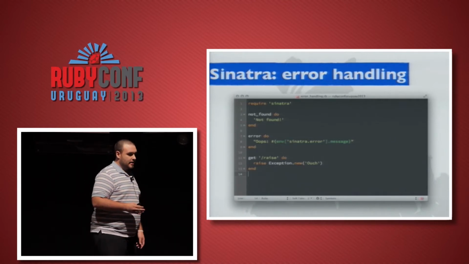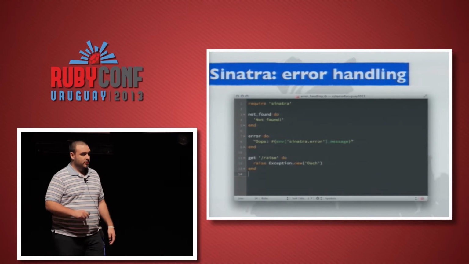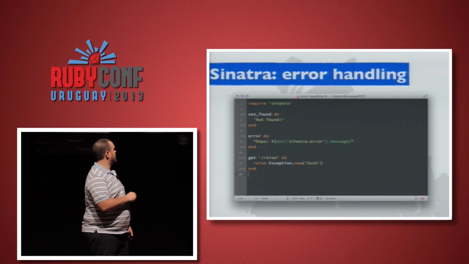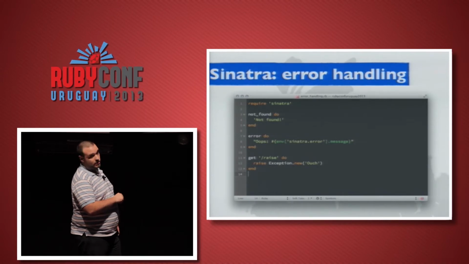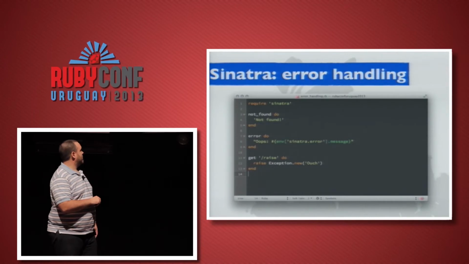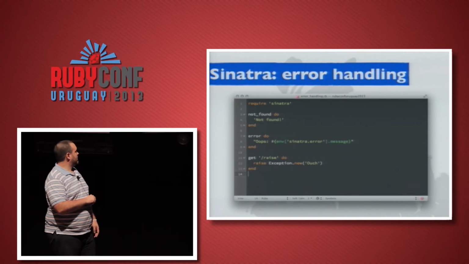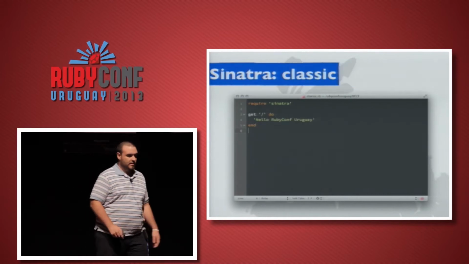And the same thing when we have an execution that for some unexpected error has an exception. In this example, if we did get slash, it wouldn't find it because it's not there, so it would execute not found and would give us back that string. And if we go to slash raise in get, as we have an exception, it's going to give a string that says whoops.